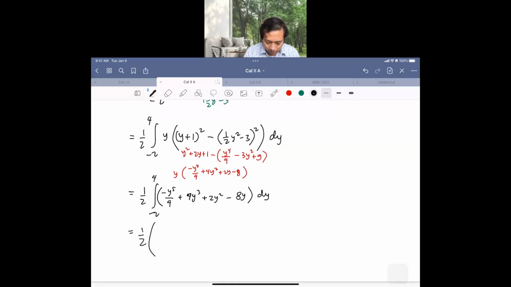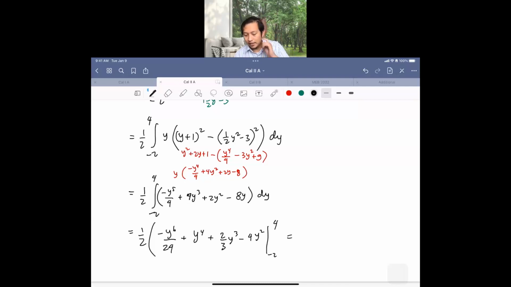And then this will be negative y to the 5 over 20 plus y to the 4 over 4 plus 2 over 3 y cubed minus 8y squared over 2, from negative 2 to 4.